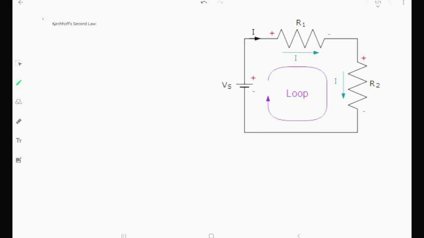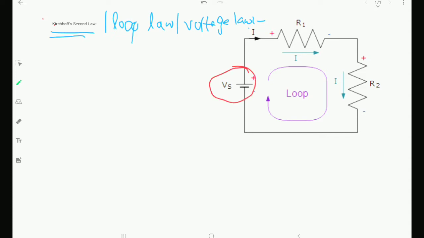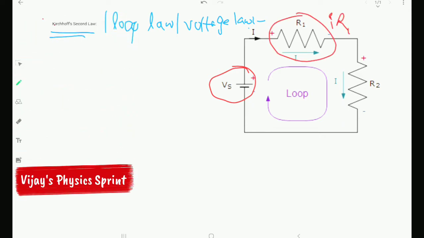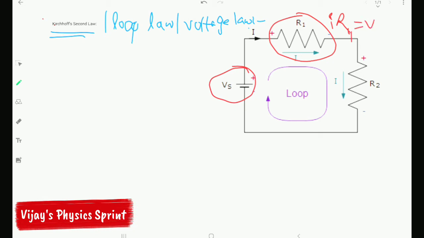Now we'll discuss Kirchhoff's second law, also known as the loop law, because we can apply it to an entire loop or circuit, and also known as the voltage law, because it deals with potential differences in circuits. What does it state? In this circuit diagram, the EMF across the battery is Vs. Across the first resistor the potential difference is IR1, taken as V1.